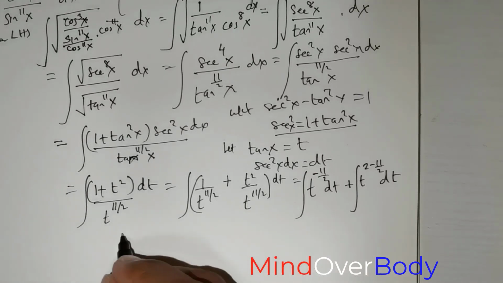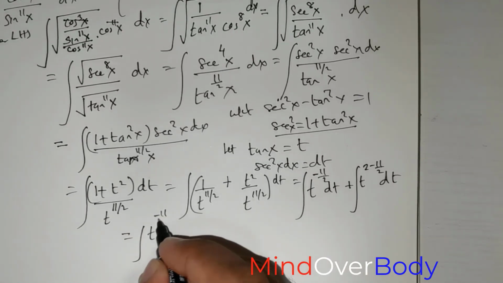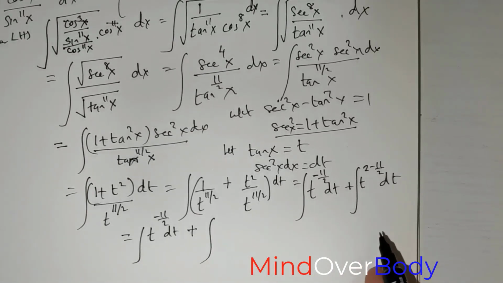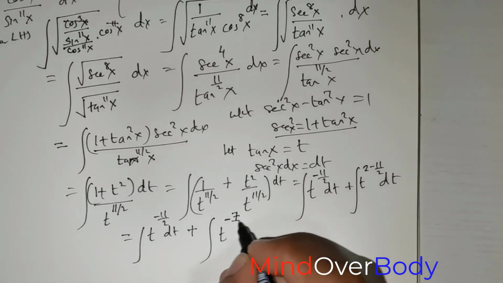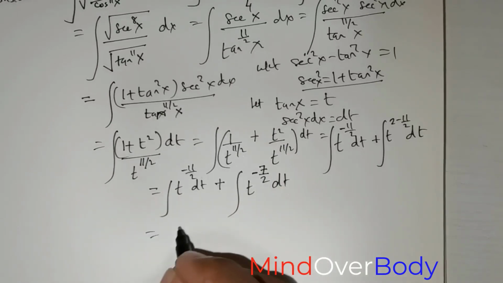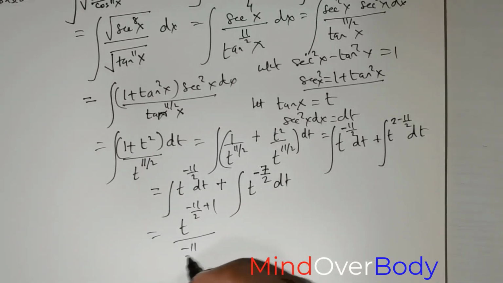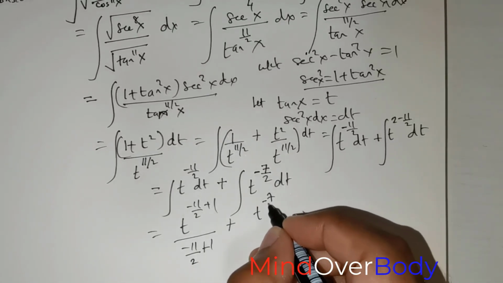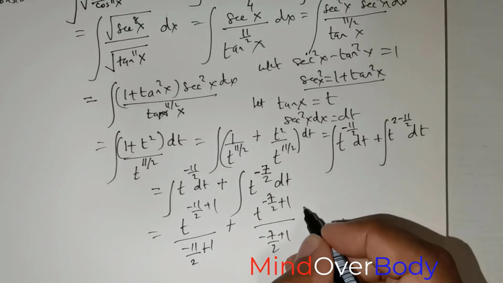So that is going to be t raised to the power of negative 11 over 2 dt plus t raised to the power of negative 7 over 2 dt. So I'm going to integrate this. This is going to give me t raised to the power of negative 11 over 2 plus 1 divided by negative 11 over 2 plus 1, plus t raised to the power of negative 7 over 2 plus 1 divided by negative 7 over 2 plus 1.